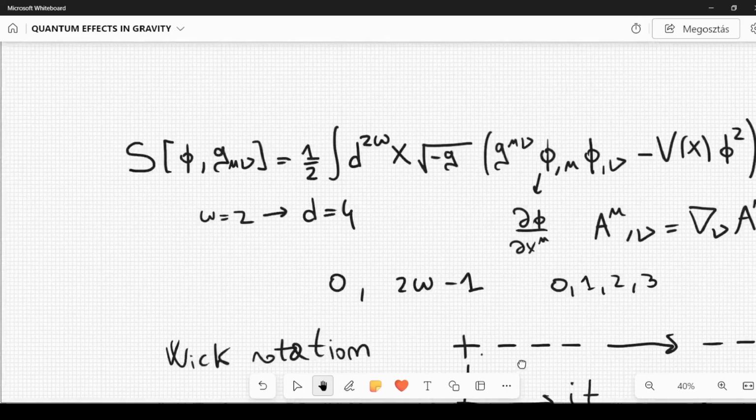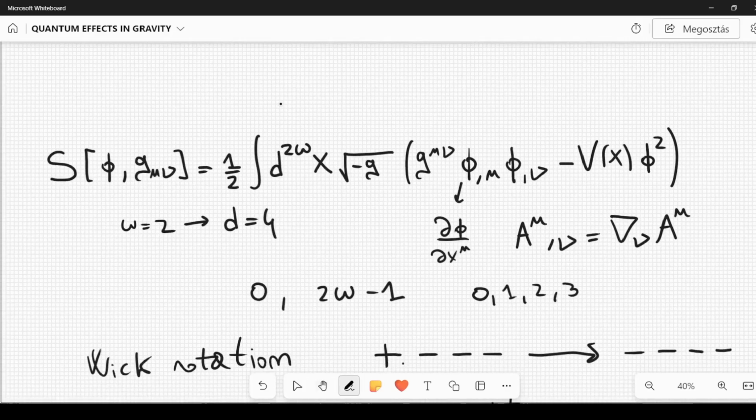And let me also mention the fact that this action contains the interaction between the field and the gravitational field, so the field phi and the gravitational field related to the metric tensor g mu nu. And if we, for example, want to consider the dynamics of the gravitational field by itself, we have the Einstein-Hilbert action, with some modifications if necessary to account for quantum corrections to the theory.